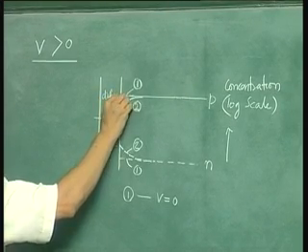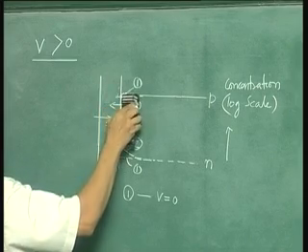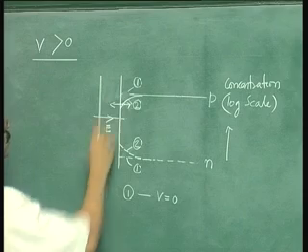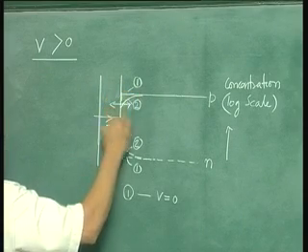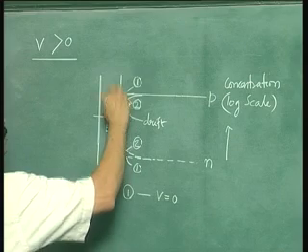So there is a diffusion tendency here. We will just make this diagram a little bit neater. So this is drift and this is diffusion.